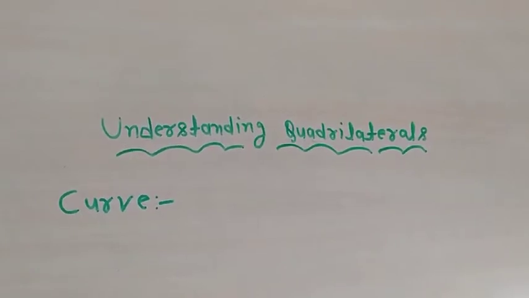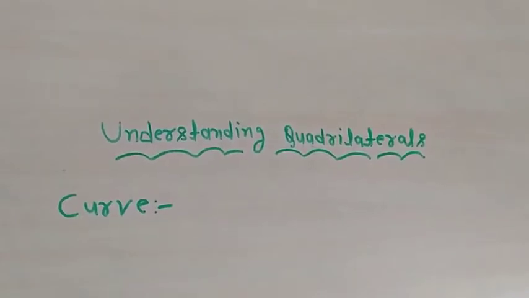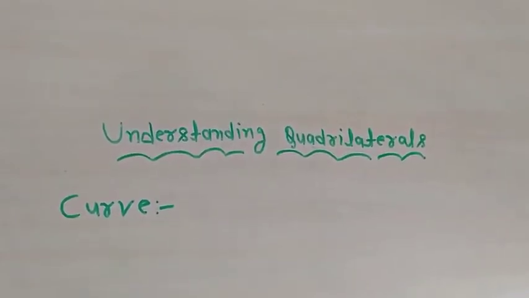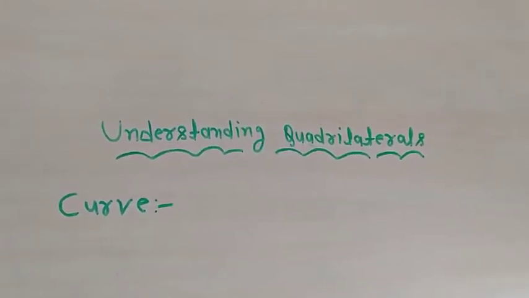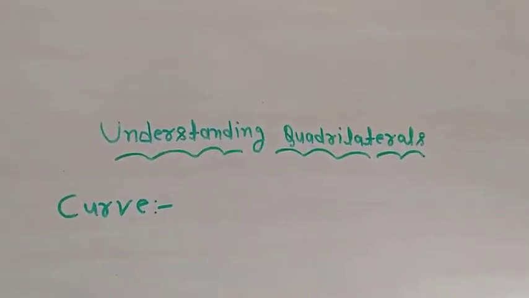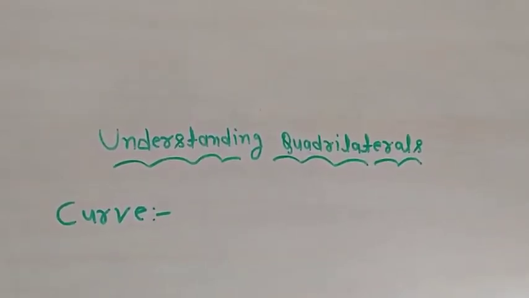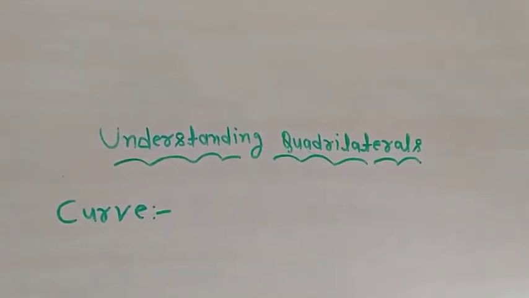What is a curve? If we put the sharp tip of a pencil on a sheet of paper and move from one point to another without lifting the pencil, then the shape so obtained is called a plane curve.